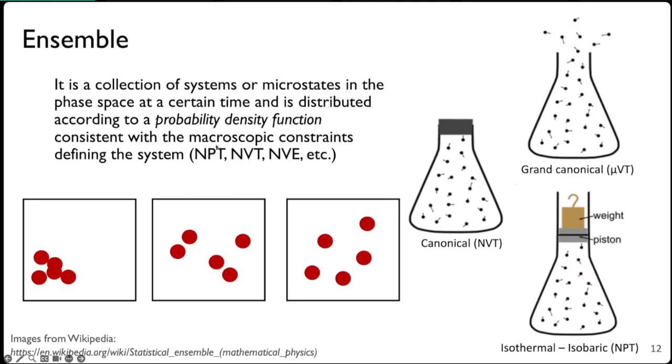These are different kinds of systems, and they represent different scenarios in the real world. And the neat thing about Monte Carlo is it can access some more exotic ensembles than molecular dynamics can, but we can talk about that another time.